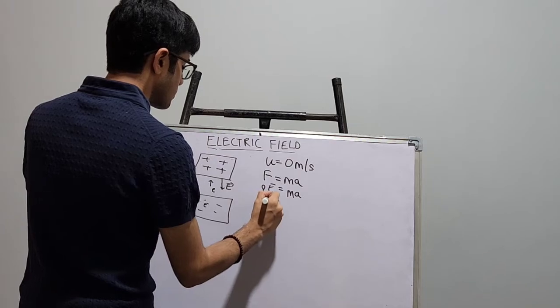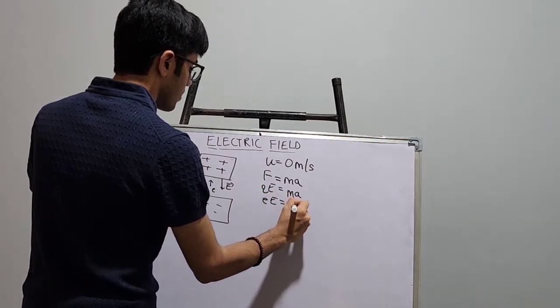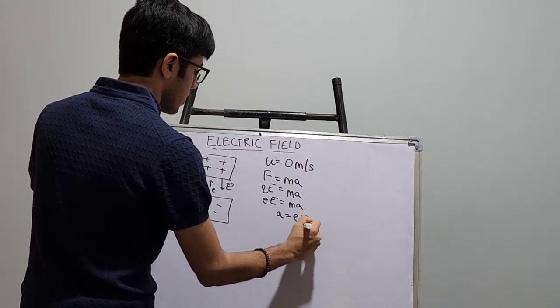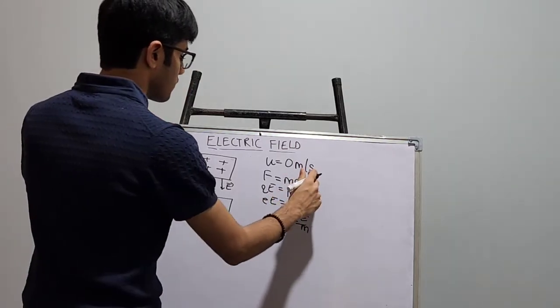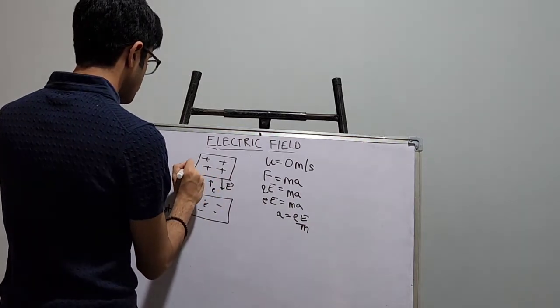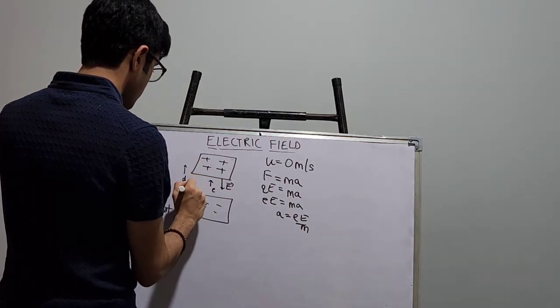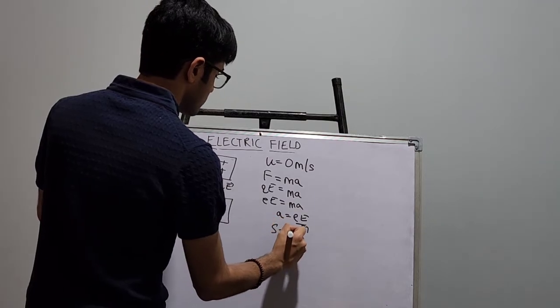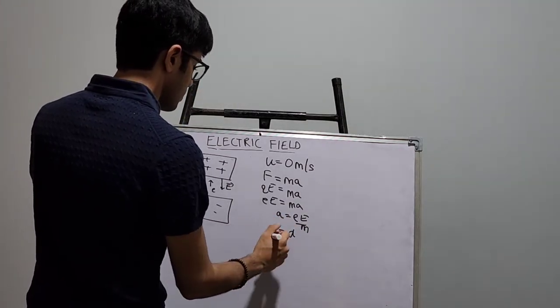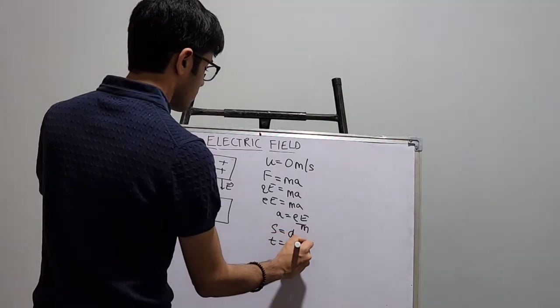Q here is the charge of the electron itself, so eE is equal to ma, and acceleration of the electron is eE upon m. So we have u, we have a. Let's say the distance between these two metal sheets is d. So the distance the electron is traversing is d. Let's say the time taken is t, which we need to calculate.